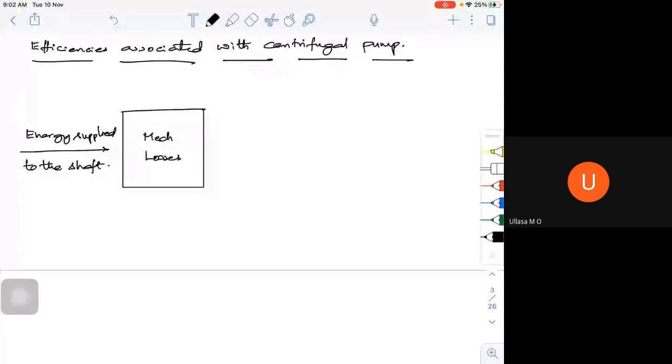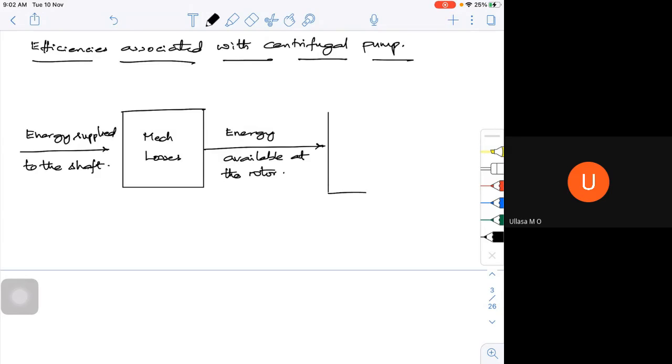Then there will be some amount of energy available at the rotor. From the rotor it has to reach the fluid. In between I have the blades, and there can be some kind of casing, where there can be some amount of loss in the form of leakage or in the form of friction between the blades.